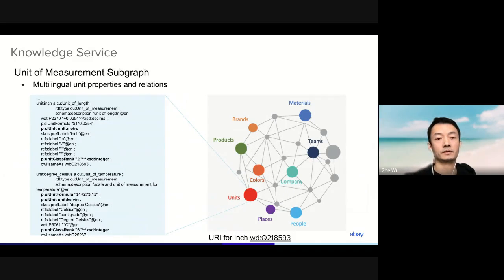On the left is a snippet of the knowledge graph. It shows the definition of inches and degrees Celsius. What I want to point out is that this is just a tiny subgraph. We are also interested in products, brands, materials, and whatnot.